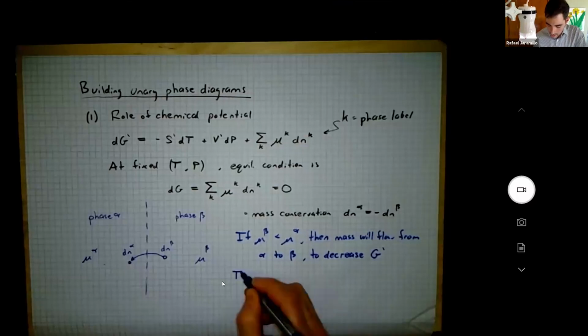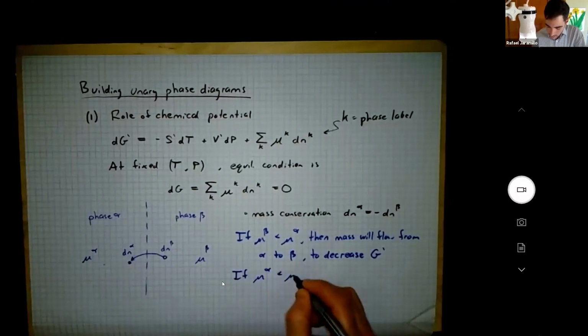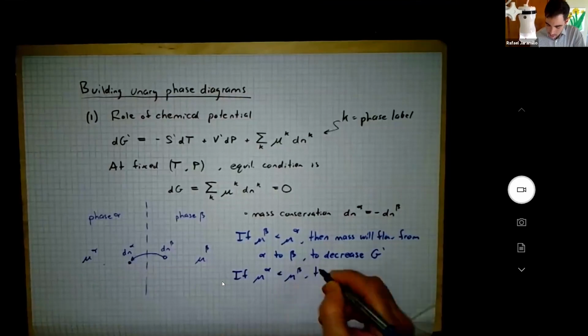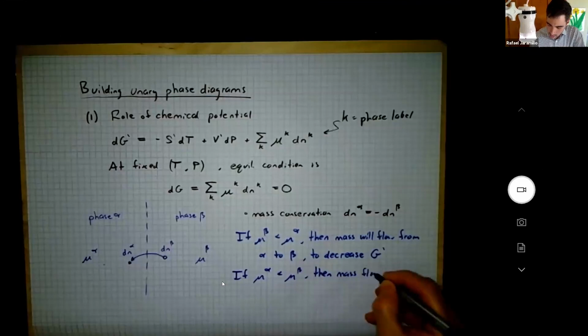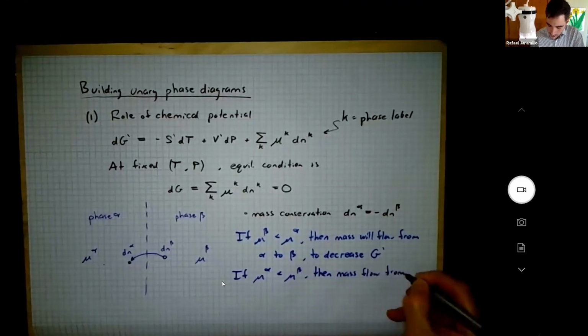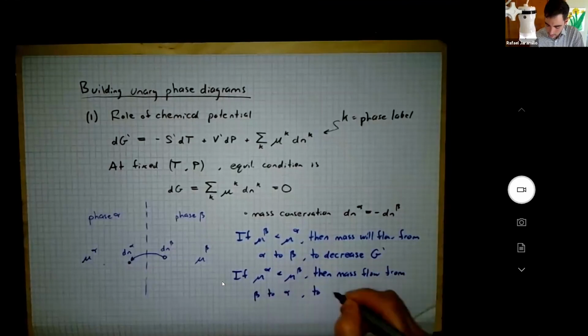Similarly, if mu of alpha is less than mu of beta, then mass will flow from beta to alpha to decrease Gibbs.